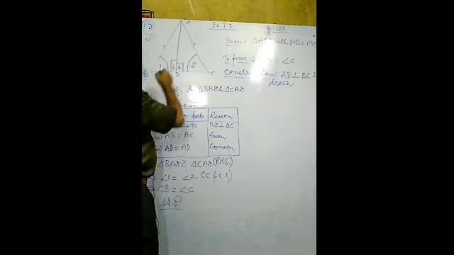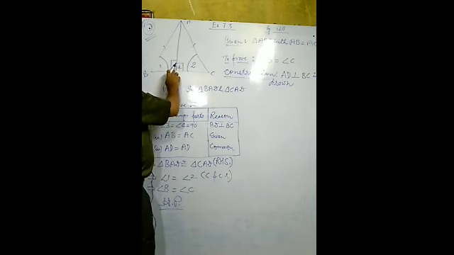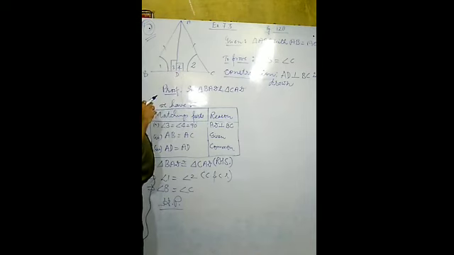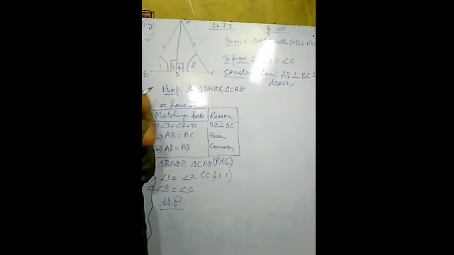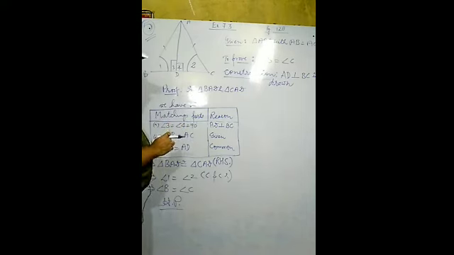AD is perpendicular, so angle 3 equal to 90 degrees, angle 4 is also equal to 90 degrees. It means angle 3 of this left hand triangle equal to angle 4 of right hand triangle. So angle 3 equal to angle 4 is equal to 90.